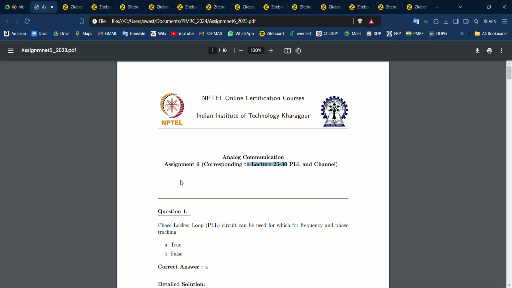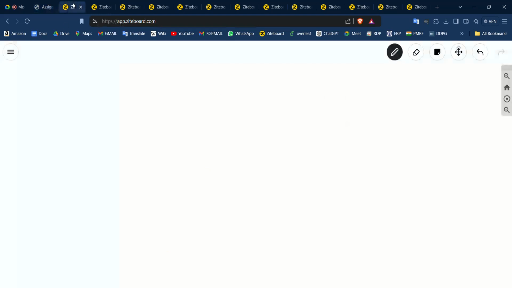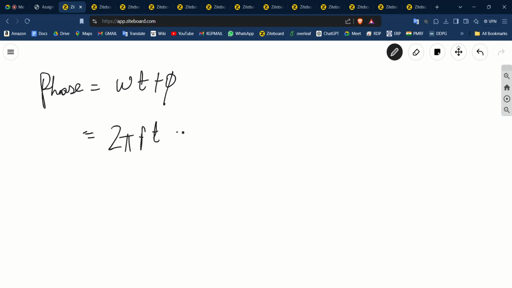But if you might recall, what is phase? Phase is omega t plus phi. So phase is 2 pi ft plus phi. So phase is proportional to frequency because phi is constant.